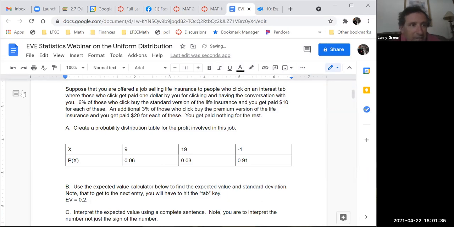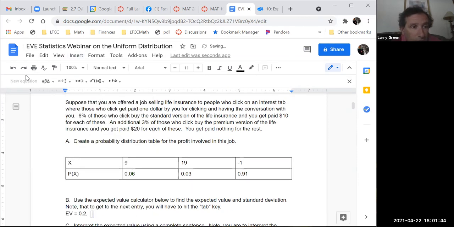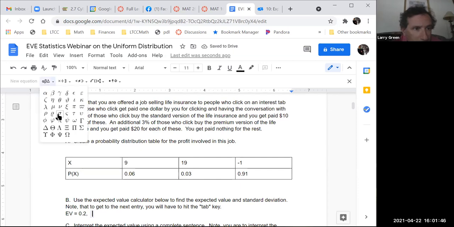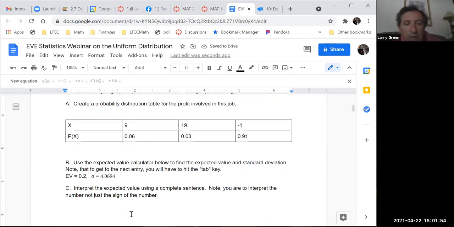And the standard deviation, which is sigma, equals 4.0694. Any questions on the calculation?